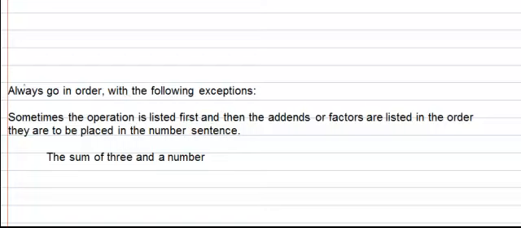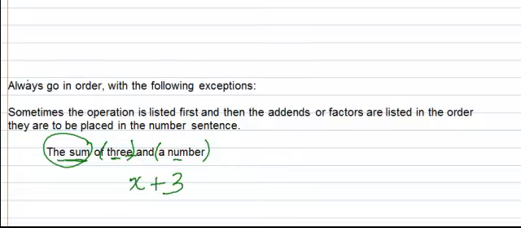So in this case, you see that I have this nice sentence that says the sum. So that tells us that I am adding, and then it tells us what we are adding, and we put those in that order. We are adding x and 3. So operator first, and then what we're operating on in the order that we will write them. So that's our first exception, and it's pretty minor.